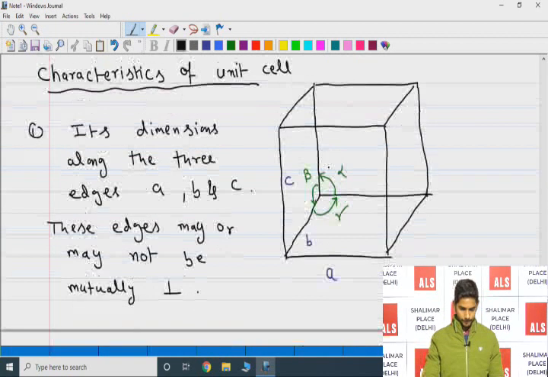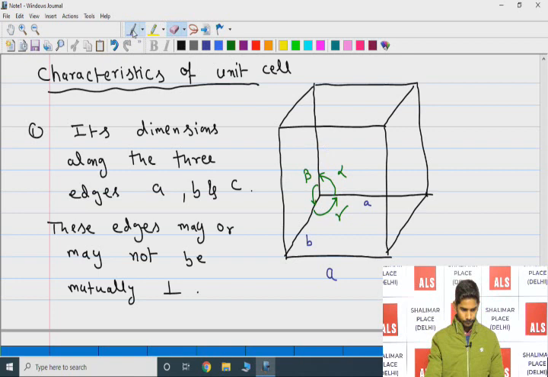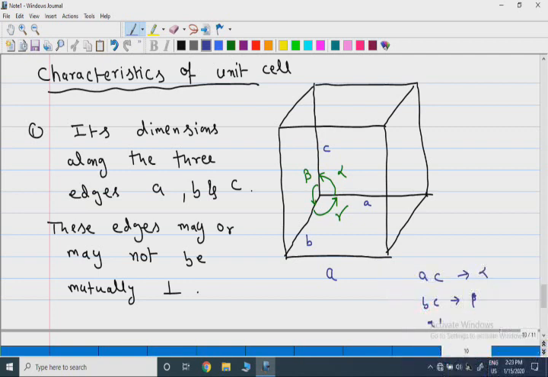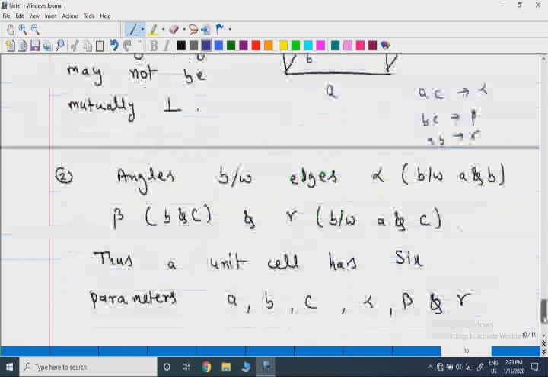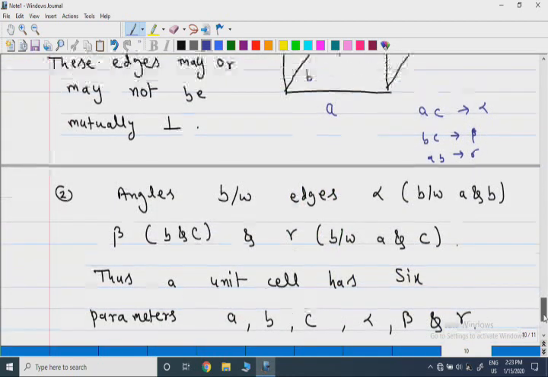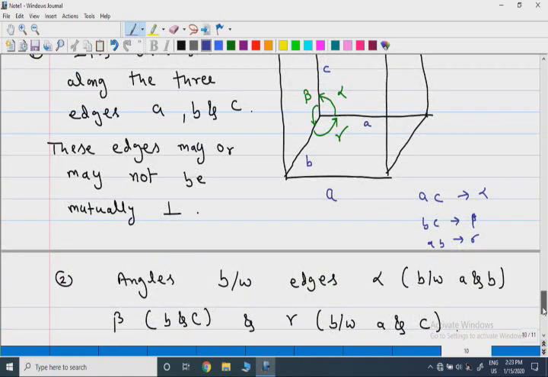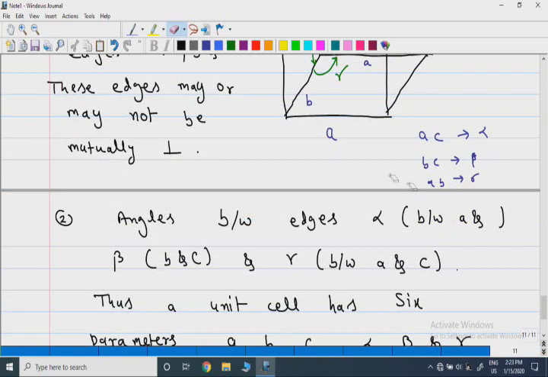One second, guys. Kindly make it AC. This must be your AC, BC, and this is your AB actually.